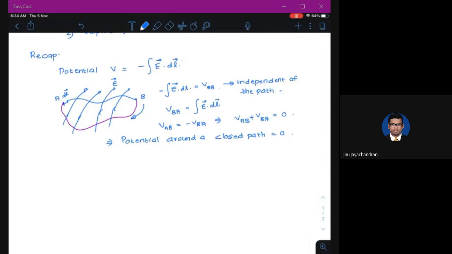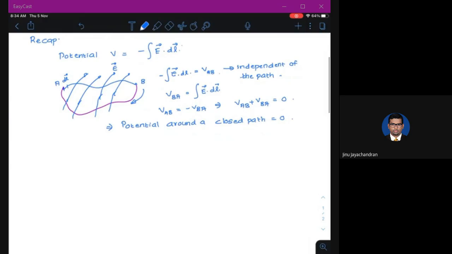So if you want to do work to move any charge from A to B, when we are moving from B to A, the work will be done by the electric field. So the electric field will automatically do that work. And since both are independent of path, the potential VAB will be equal to minus VBA. So this is an important result that we have seen. So basically I can write for a closed path, closed integral of E dot dl is equal to 0. This is one result.